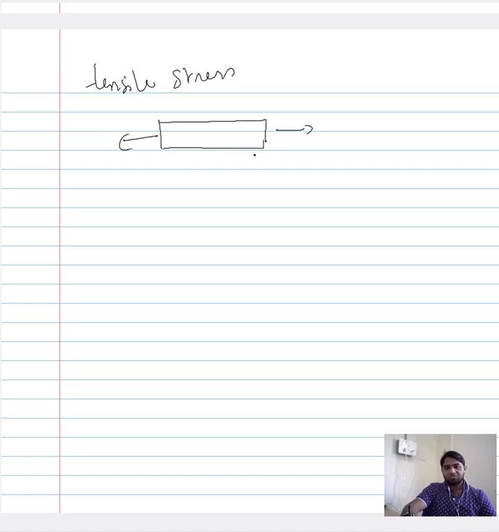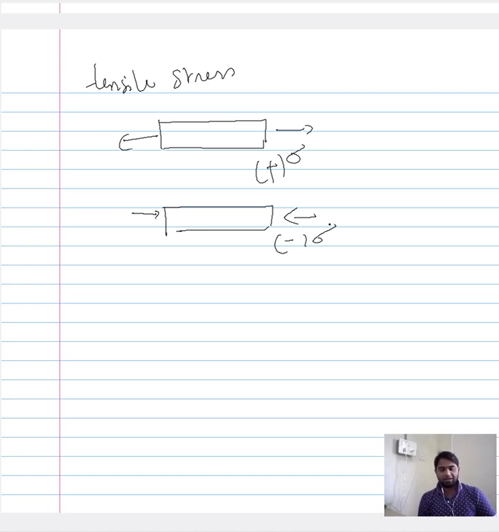In the previous lecture, when we talked about tensile stress, we saw that with respect to the material that we are studying, when the load acting is tensile, then by convention this stress is positive, and when the load acting is compressive, this stress is negative.